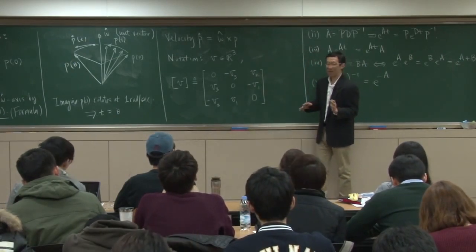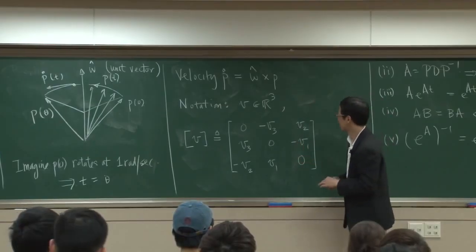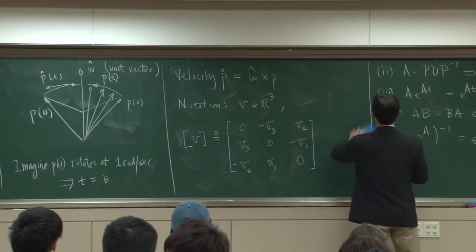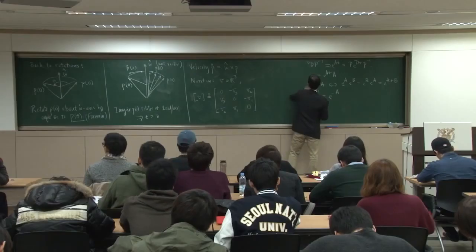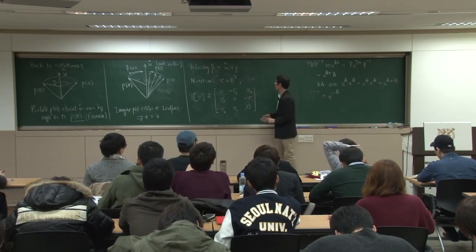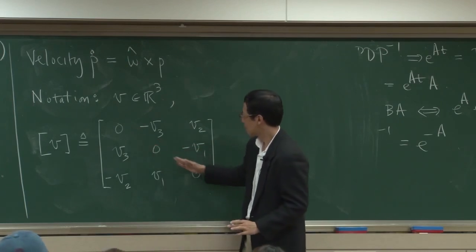Why am I defining such a strange matrix? Before I get to that, this has a name. Notice that it's not quite symmetric.